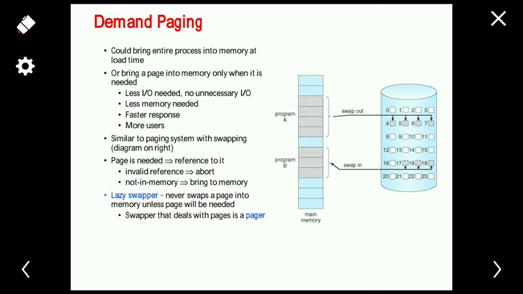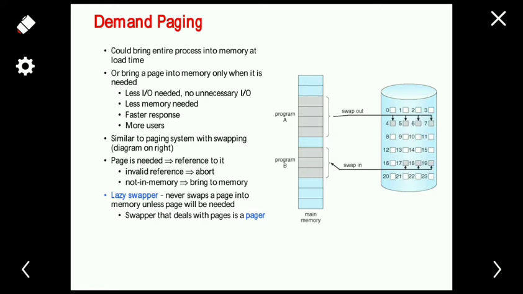So demand paging is also called a lazy swapper because it never swaps a page into the memory unless the page is needed. Here the process is divided into pages, and only some pages of the process are there in the main memory and the remaining are in the secondary memory.